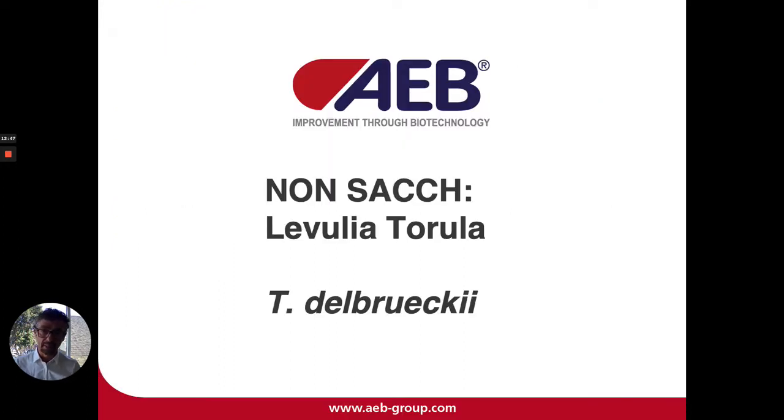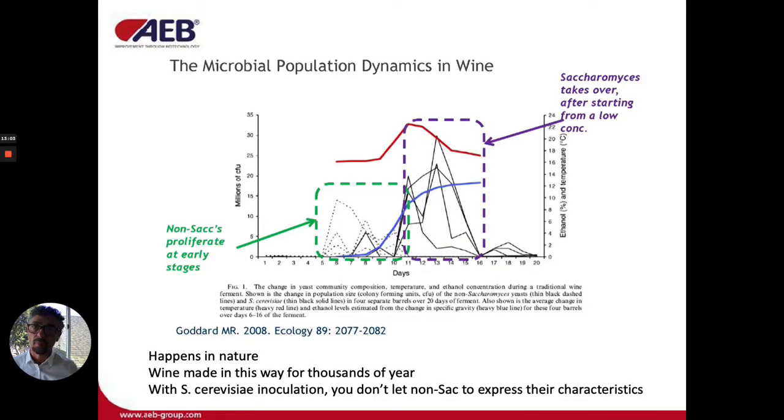Another yeast that is part of our catalog and that we recommend for Sauvignon Blanc is a non-Saccharomyces, Torulaspora delbrueckii, which in the AEB collection is called Levulia Torula. So, as we know, in the microbial population dynamics in wine, non-Saccharomyces proliferate very well at early stages when the alcohol is below, let's say, 9%.